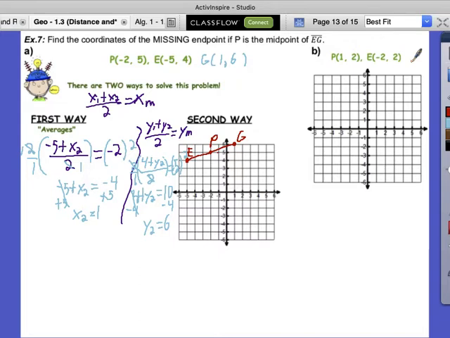Where says this has one? I'm not sure. Oh, Miss Ardell. Oh, sorry.